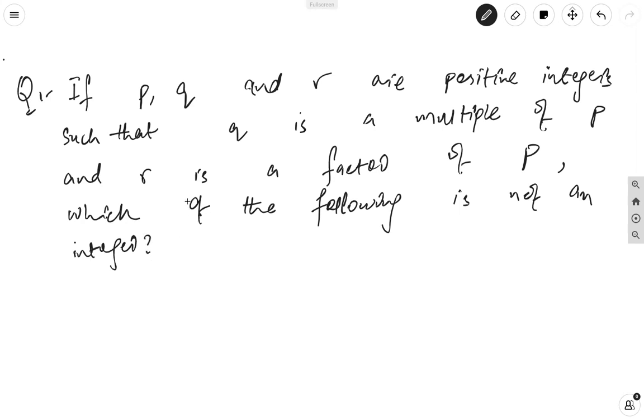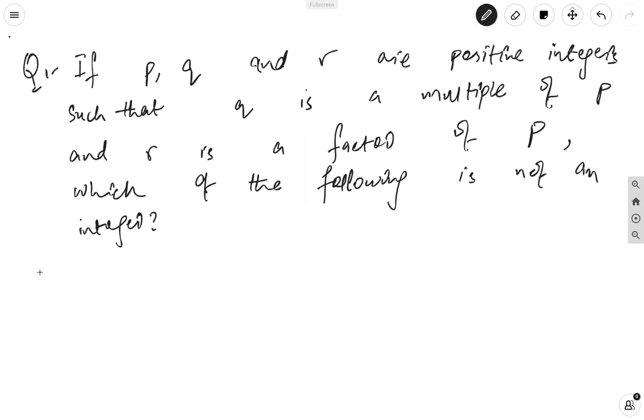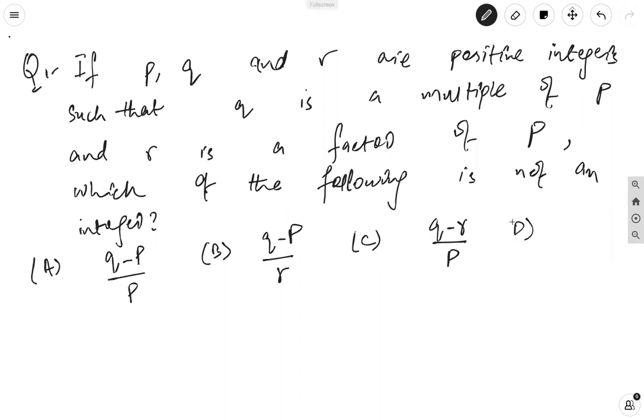Option A is (Q minus P) over P. Option B is (Q minus P) over R. Option C is (Q minus R) over P. Option D is Q into P square divided by R, and option E is (Q plus PR) divided by P.